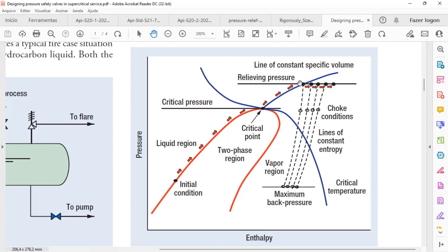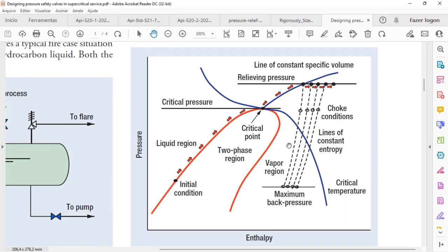At this point, the pressure relief device will open, and the fluid will be released at constant entropy. In this way, we'll keep releasing the fluid until the vessel is empty or the source of heat is ended. This theory is very important when you are doing the rigorous calculations of pressure relief devices for supercritical fluids.